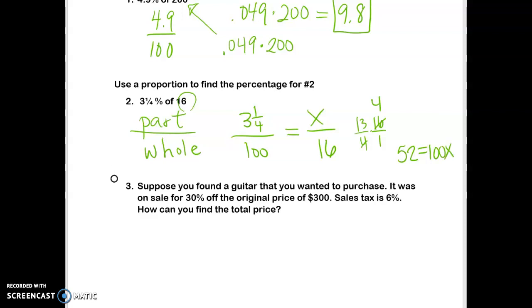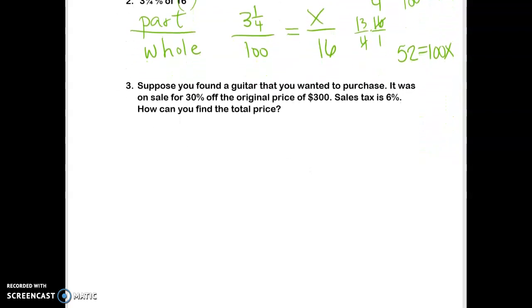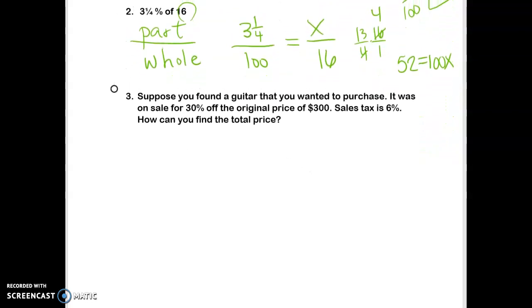Divide both sides by 100 and we get 52 over 100. Well, 52 over 100 can be reduced. We can divide it by 4, so we get 13 over 25. So 13/25 is our amount. And that makes sense. It's less than 1. It's a small amount. 3 1/4% of 16 makes sense that it's less than 1. So that's using proportions.